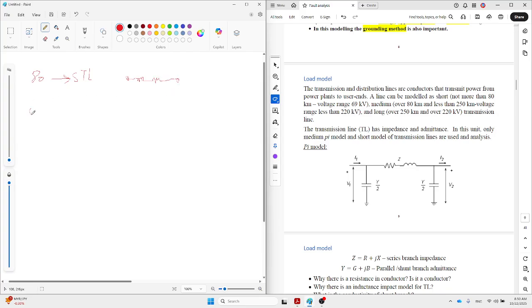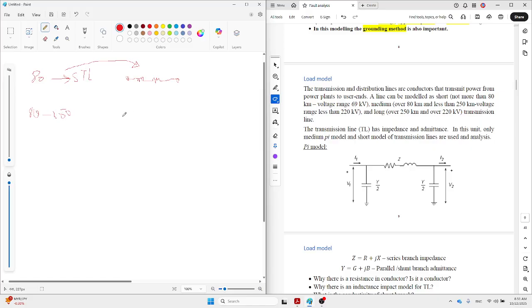If it's between 80 and 250 kilometers, these are not constant values. Sometimes it is 100, but the book is still using the short transmission line model. So we consider 80 as a somewhat rough value.